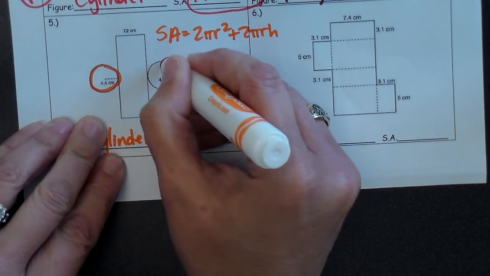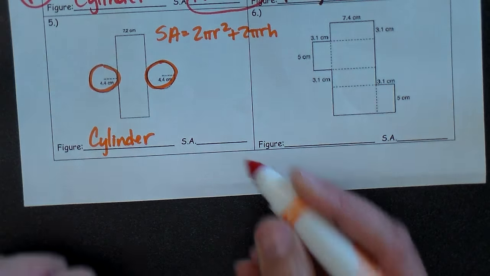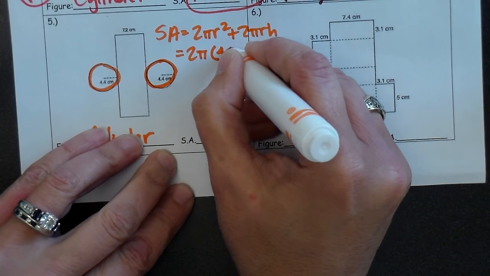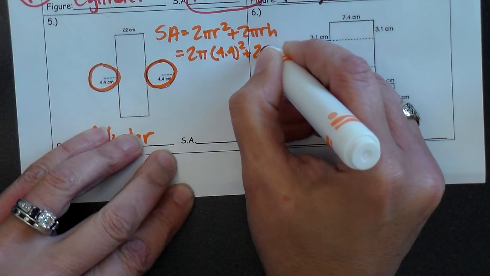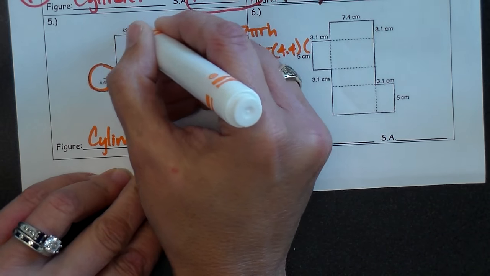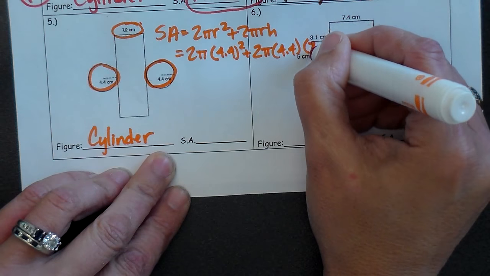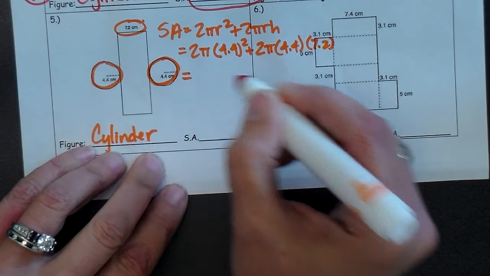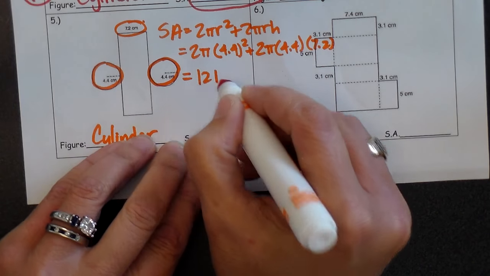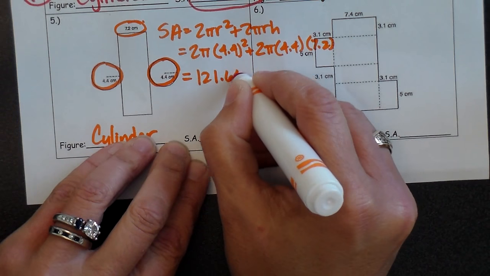In the cylinder, these are your bases, okay? So I'm going to plug in 2 times pi times radius squared, so 4.4 centimeters squared, plus 2 times pi times 4.4 times h. Now h, remember, is the distance between the bases, 7.2. So I have 4.4 squared times 2 times pi. That's 121.64.